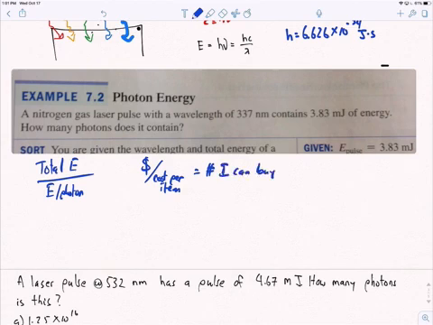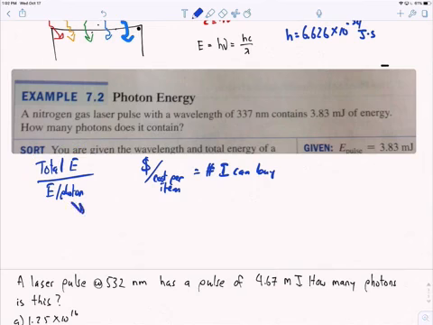If I have $20, how many $5 hamburgers can I buy? I can buy 4, right? Same idea.